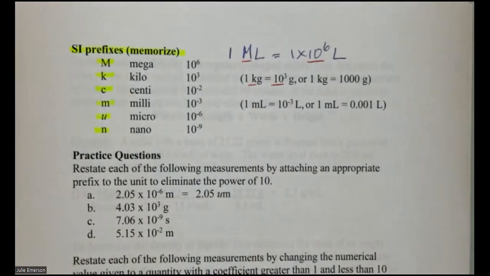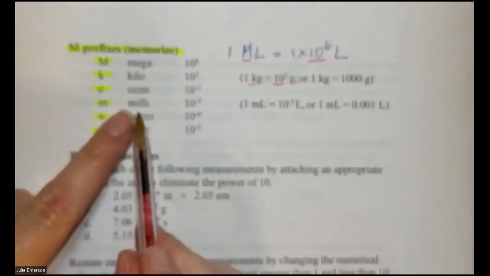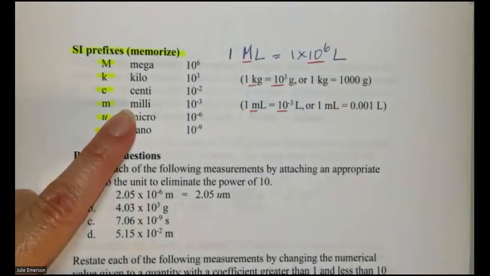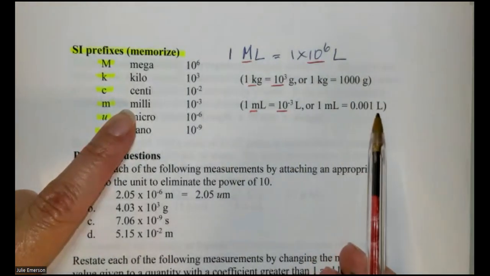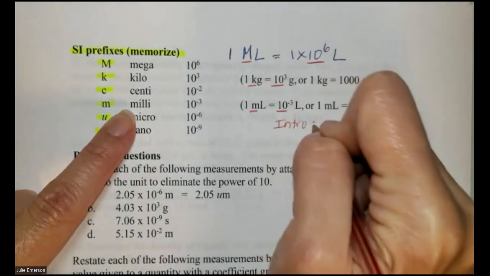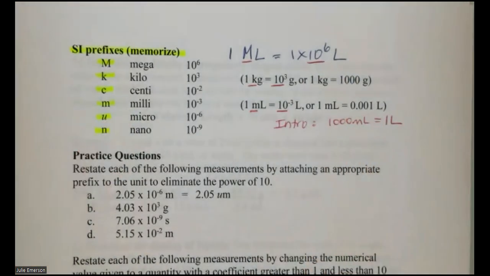Now here's where it gets different. When the exponent is negative, it's going to look a little bit different than what we had in intro chem. So if I have 1 milliliter, that is equal to 10 to the negative 3 liters, or 1 times 10 to the negative 3 liters. All right, which is the same as 0.001 liters. But back in intro, what we learned was there's 1,000 milliliters in a liter.